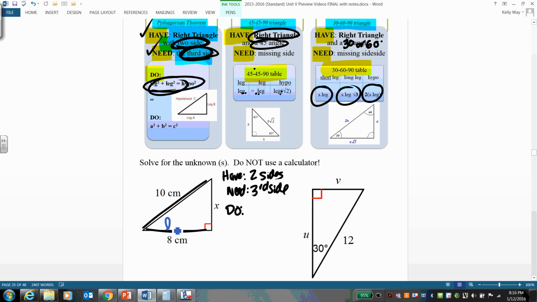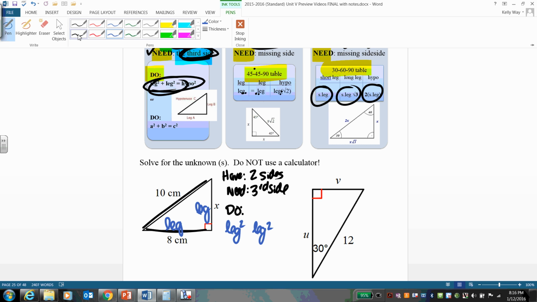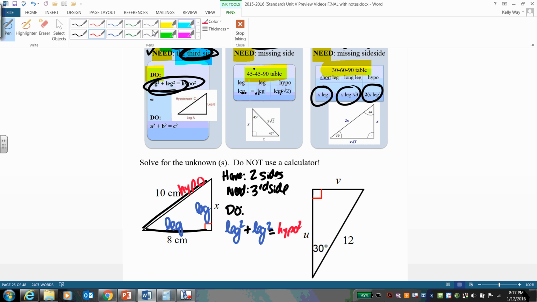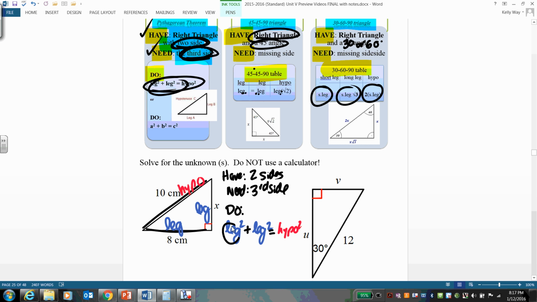Let's label our legs. And we know this. We know leg squared plus leg squared equals hypo squared. Let me label our hypo here. And now we circle, plug, chug. Circle, circle, and we're going to solve.